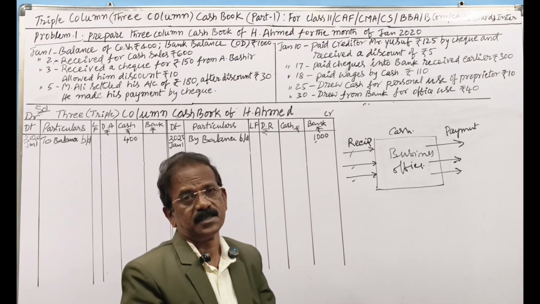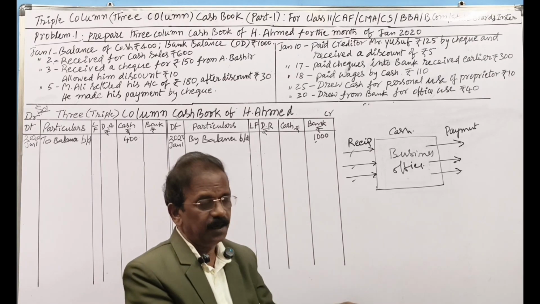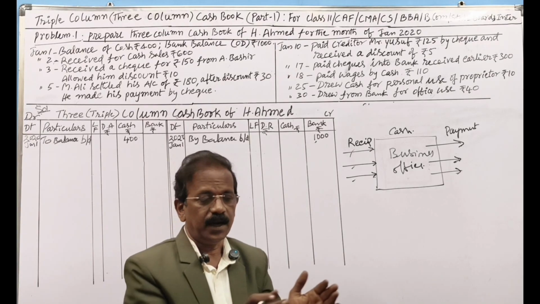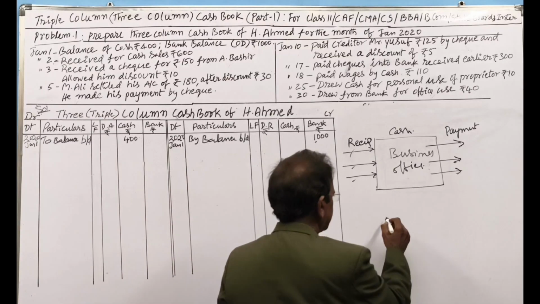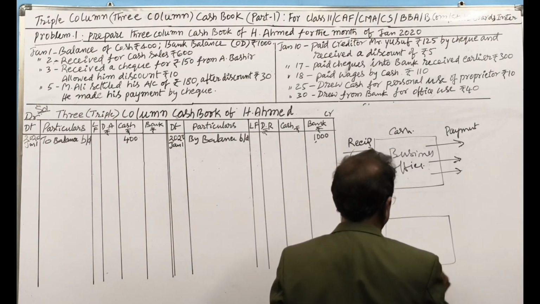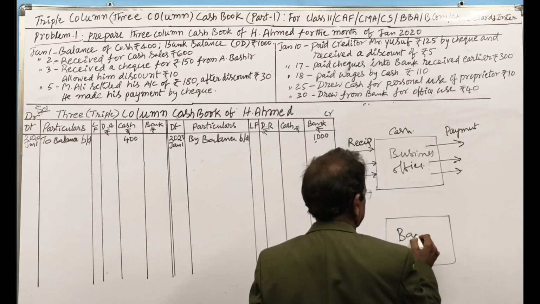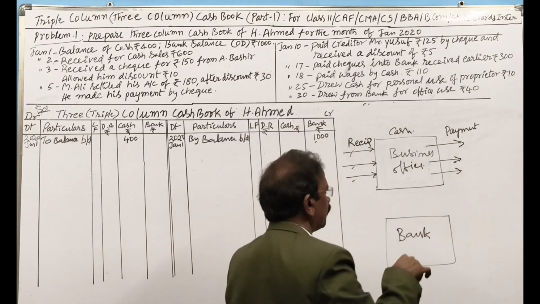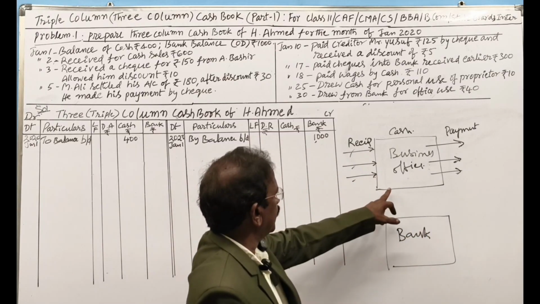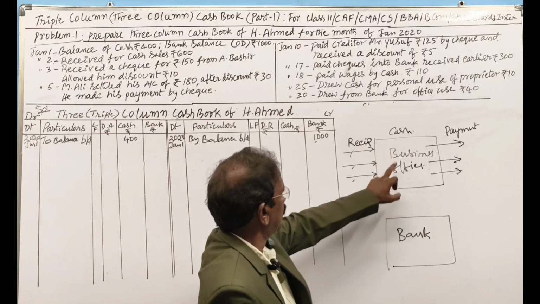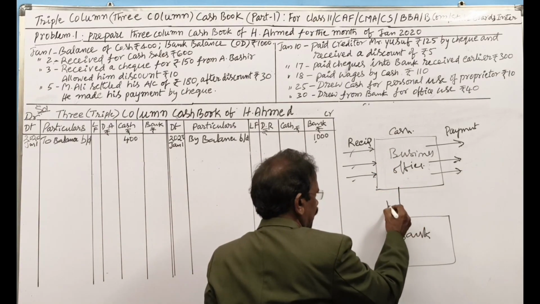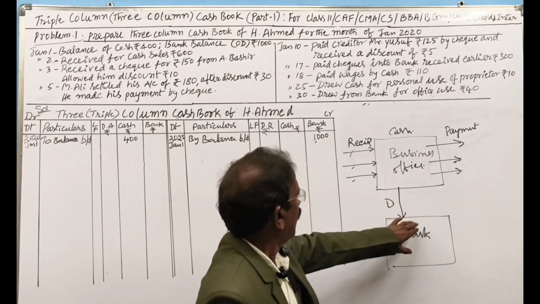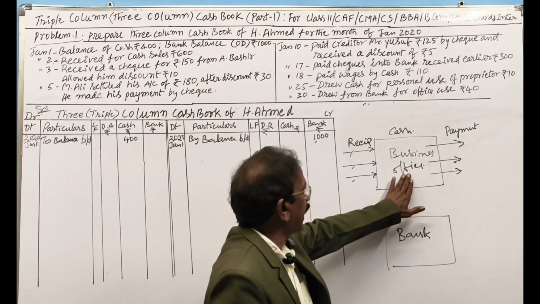So, for safety purpose, we open a bank account and we deposit that cash into the bank. Let us assume a bank here. This is the bank. In this bank, we have our account. Whenever there is excess cash in our business office, we deposit. This is called deposit.